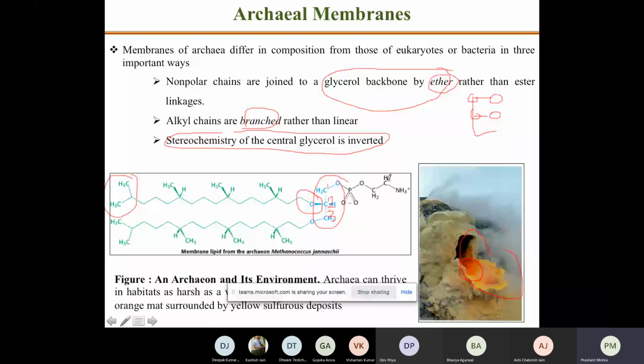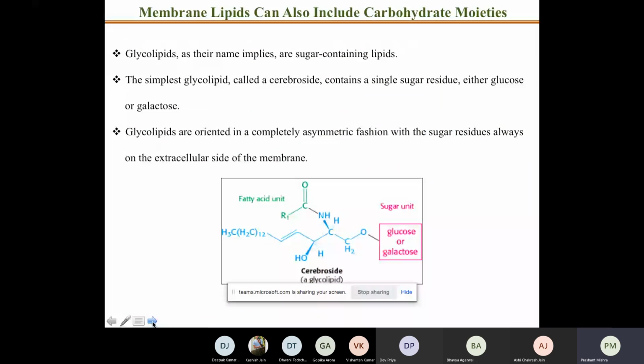Whereas in the archaeal membrane, the phosphate group is present at the sn-1 position, and then you have, for example, the structure of ethanolamine. So this gives you a very different understanding of the archaeal membrane, where the lipid composition is slightly different from normal membranes.